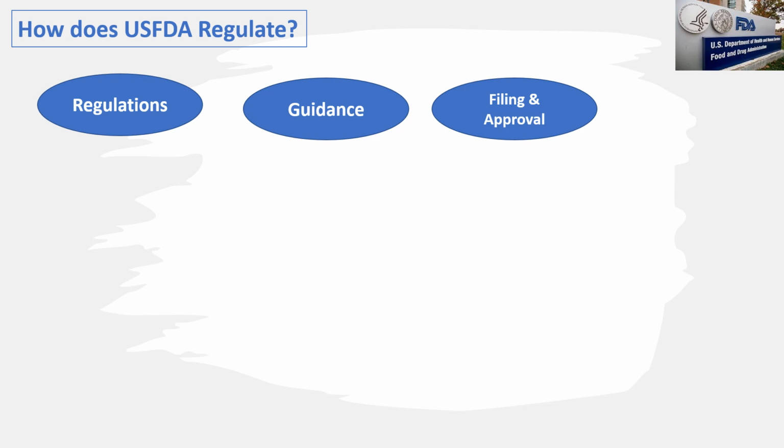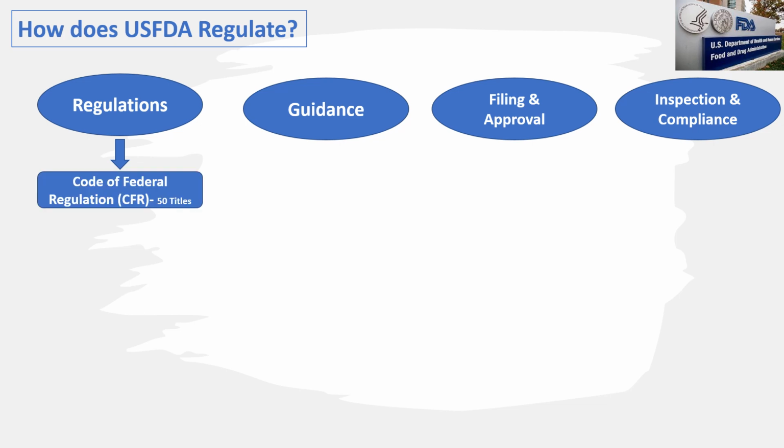If you want to market your product in the US, there's a regulatory filing process in which a comprehensive review is carried out of the manufacturing process and other related aspects, and based on the approval, only then can you market your product. And there is inspection and compliance, to ensure that the current good manufacturing practices and the regulations are followed or not.